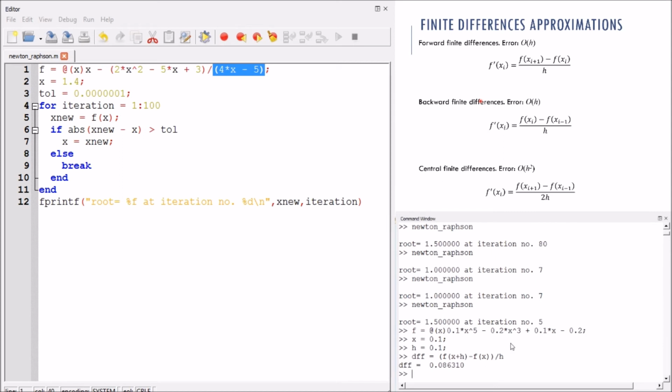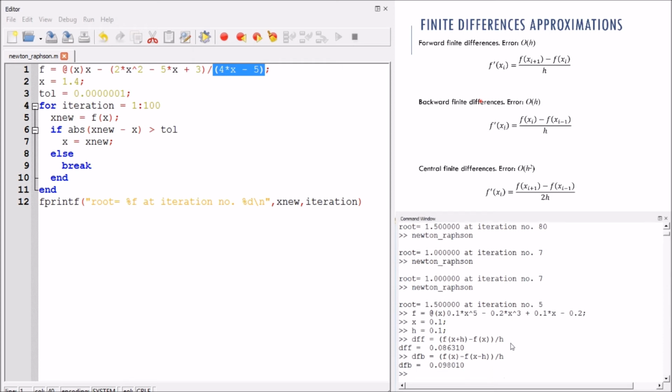Now let's do dfb, that means backward, and it will be f of x minus f of x minus h over h. So it gave us the value 0.98. So it's closer to the analytical solution.